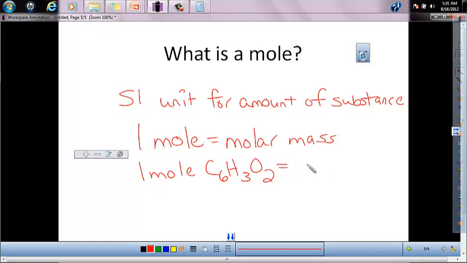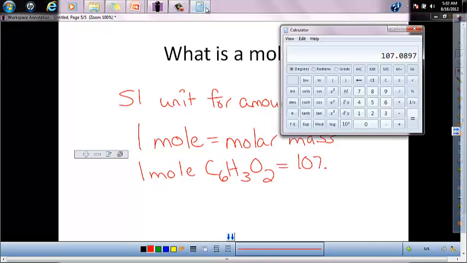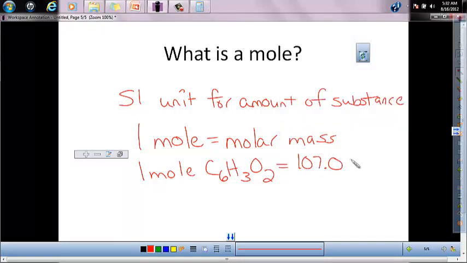It would be equal to what we just calculated. Okay, so the 107 point, what was the rest of it? 0897. Okay, so 1 mole of any substance is equal to the molar mass of that substance.